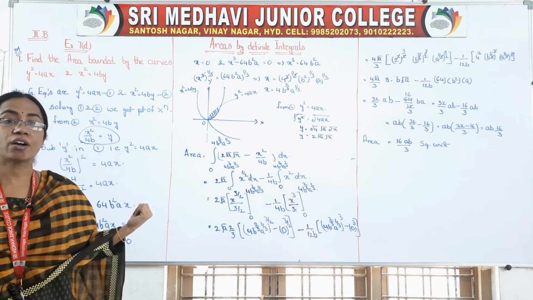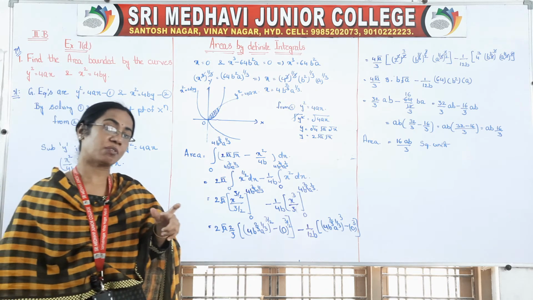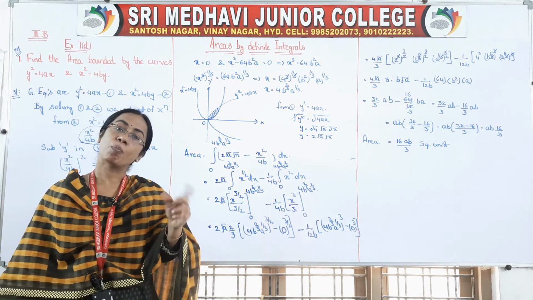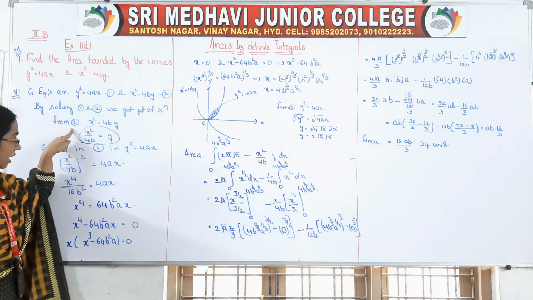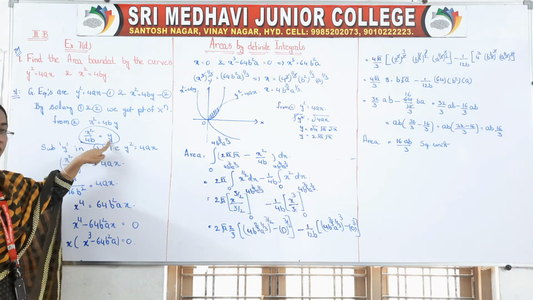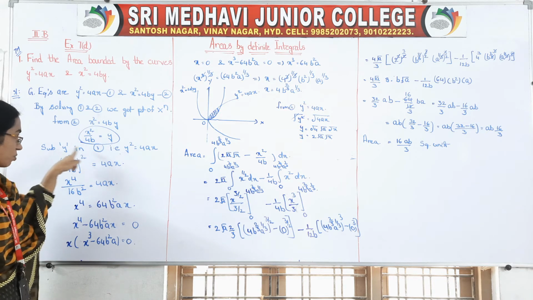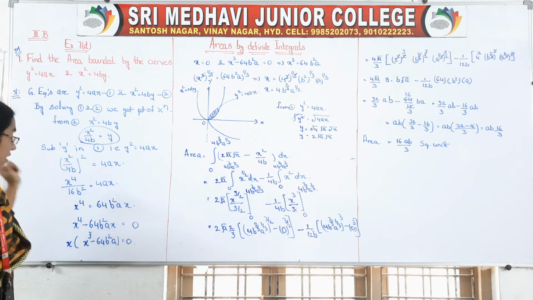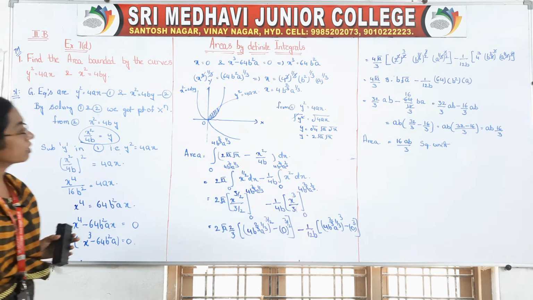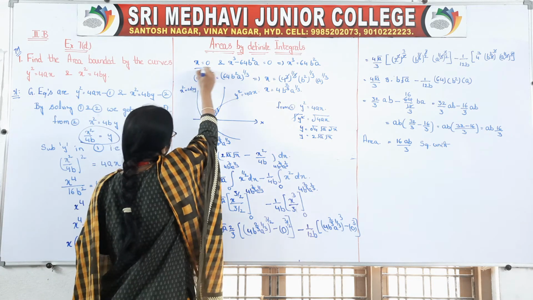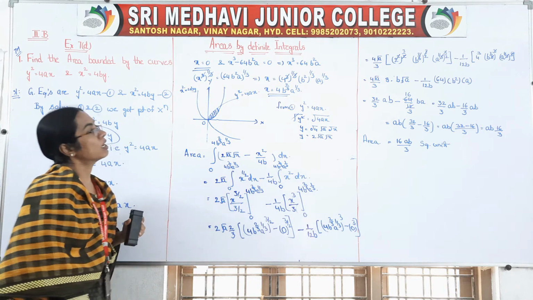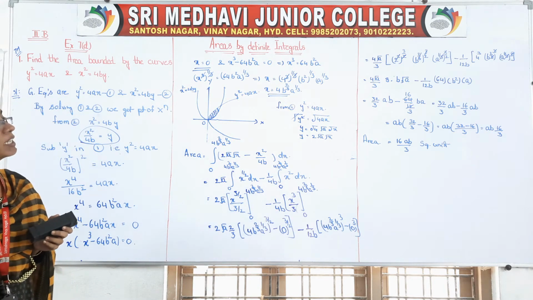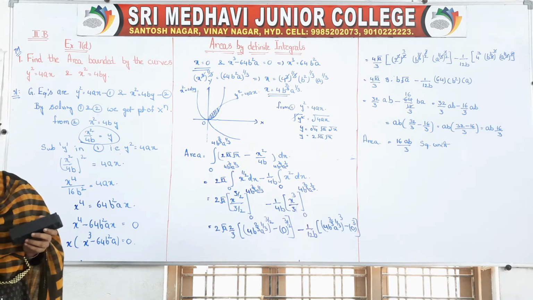For that we have to solve the two equations so that we can get our points of intersection. So from the second we have taken y, and that y is substituted in the first one. Then we got our x values: one x is equal to 0, and another x value is 4b to the power of 2 by 3 into a to the power of 1 by 3.